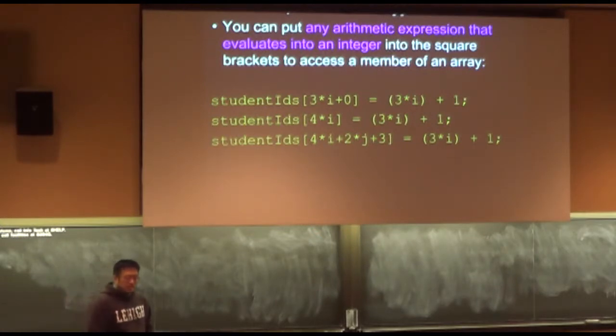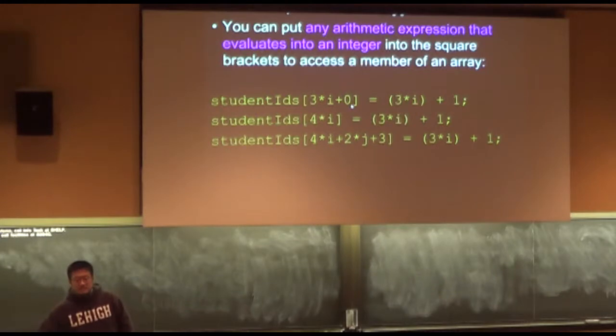So this allocation here, studentIDs[3 * i + 0], is something that you'll see frequently in graphics programming, where maybe it's not student IDs, but it's like Ken model. And 3 * i + 0 describes an X coordinate, 3 * i + 1 describes a Y coordinate, 3 * i + 2 describes a Z coordinate, and then incrementing i just moves me over to the next point in space.